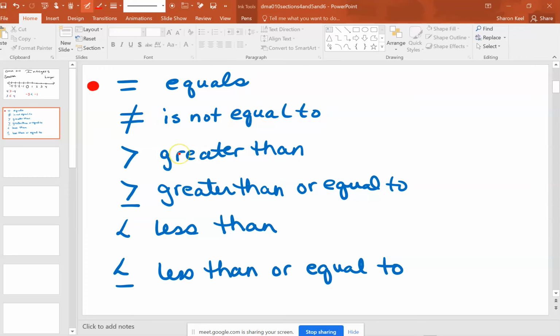If we're graphing a greater than, it is not equal to, it is just greater, so we would use an open circle on the graph. A greater than or equal to would be a solid dot. A less than without the equals would be an open circle. The less than or equal to would have a solid dot.